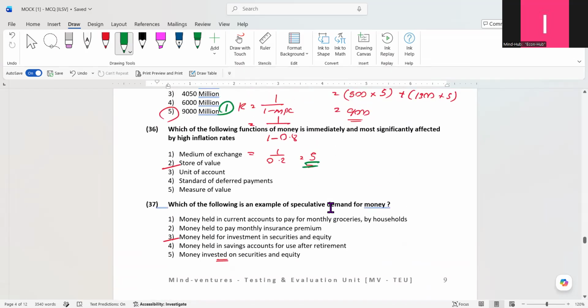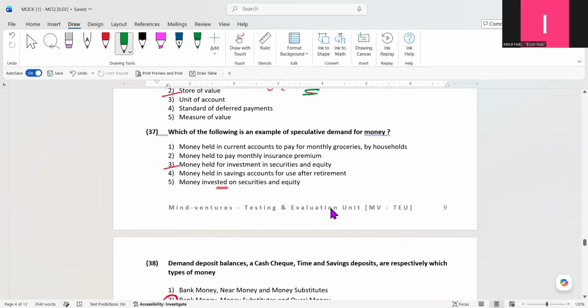So 36, number 2. 37. Which of the following is an example of speculative demand for money? Speculative demand for money is where you keep currency or cash balances or money in demand deposits, in other words a perfectly liquid form of money, with the expectation of bond prices, the price of financial assets, changing in such a way that you can get a capital gain, where you can buy at a lesser price, keep and sell at a higher price.